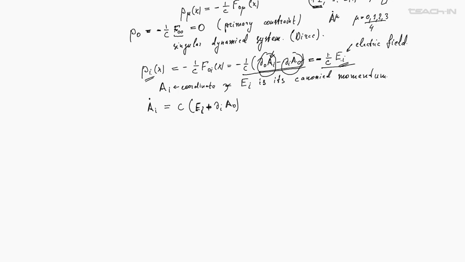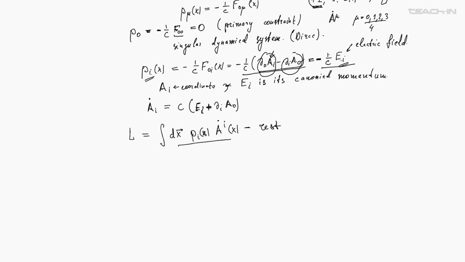I'd like to rewrite the Lagrangian as integral dx pi on x, so momentum, times ai dot on x, minus whatever makes a difference between this term and the Lagrangian. This difference I call rest.